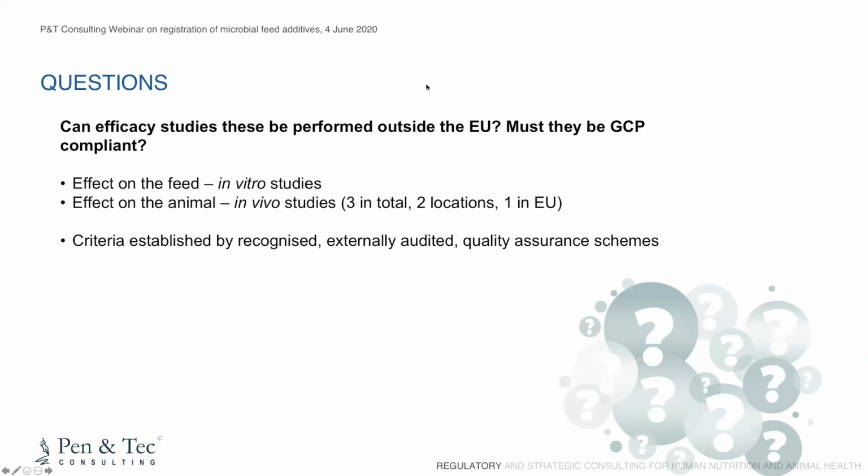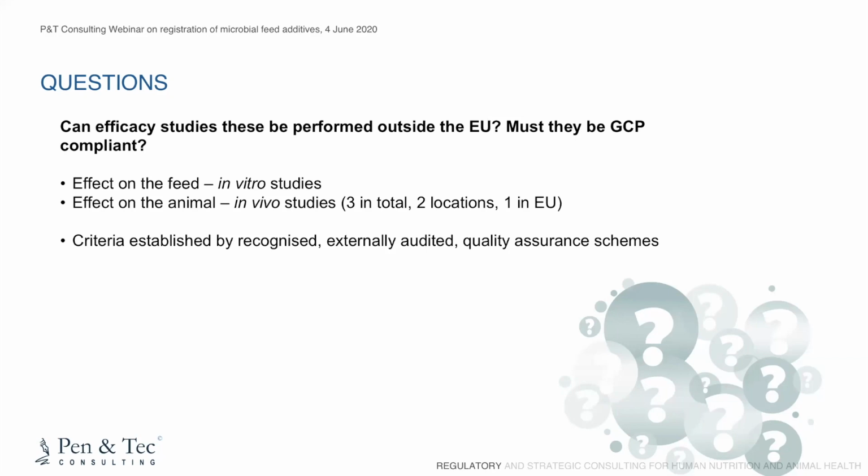For additives that affect the characteristics of the feed, the efficacy should be demonstrated using laboratory-based studies. In vivo animal studies are foreseen for all additives for which the intended effect is seen in the target species.